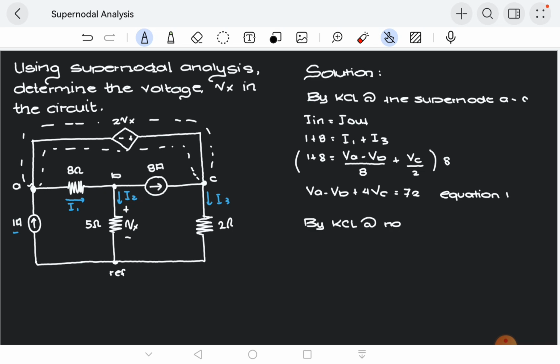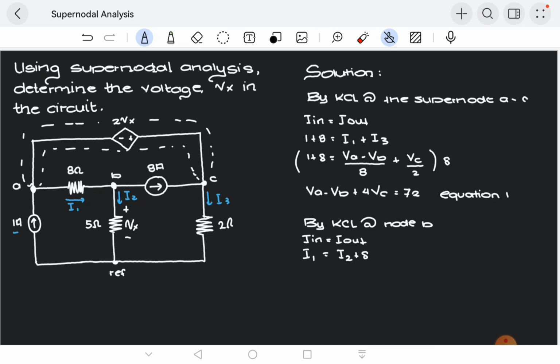By KCL at node B, I in equals I out. For node B, we have 1 I in, I1, and 2 I outs. So I1 equals I out, which is I2 plus 8.